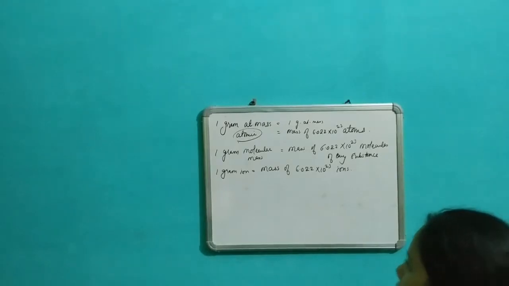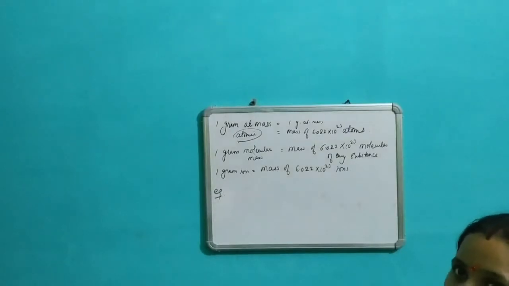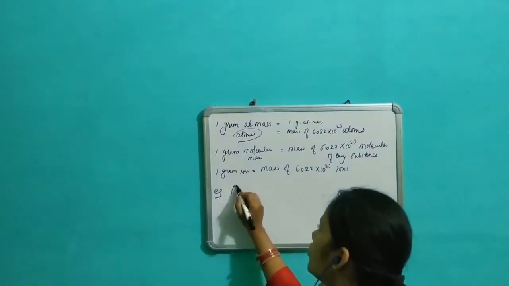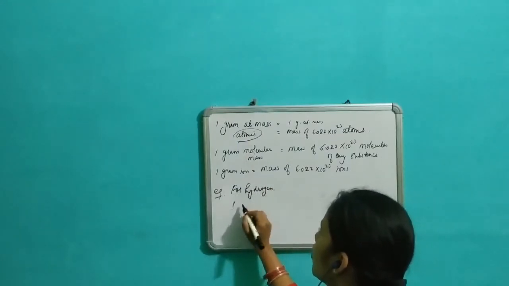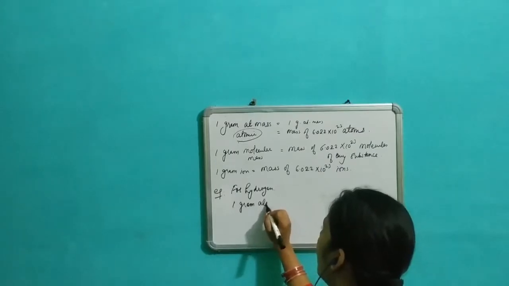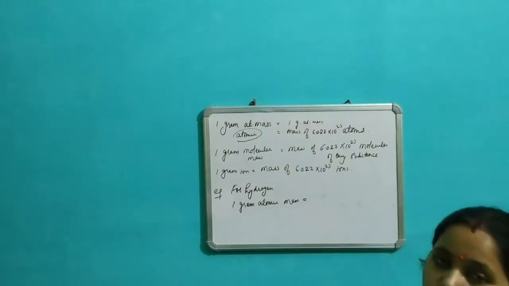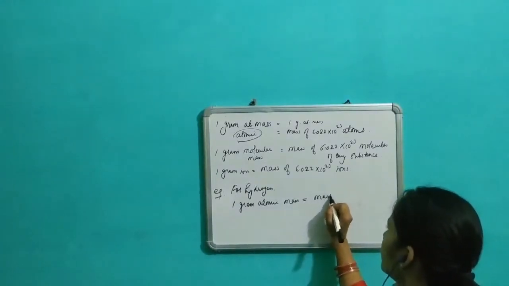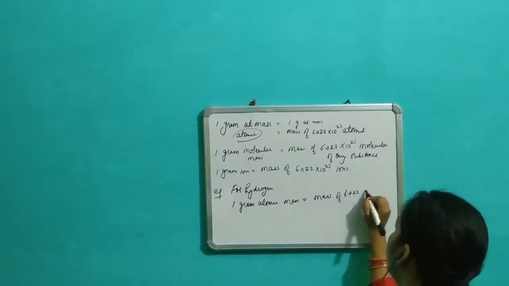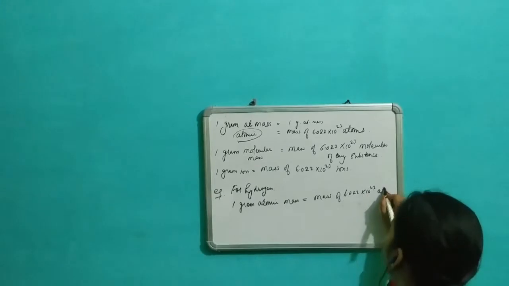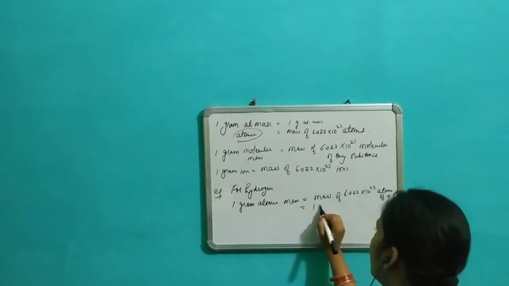Alright, for example, what is the 1 gram atomic mass of hydrogen? For hydrogen, the 1 gram atomic mass is equal to the mass of 6.022 × 10^23 atoms of hydrogen, that is approximately 1 gram.